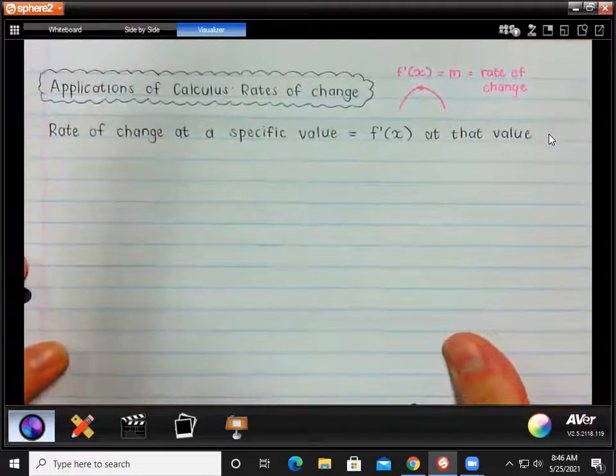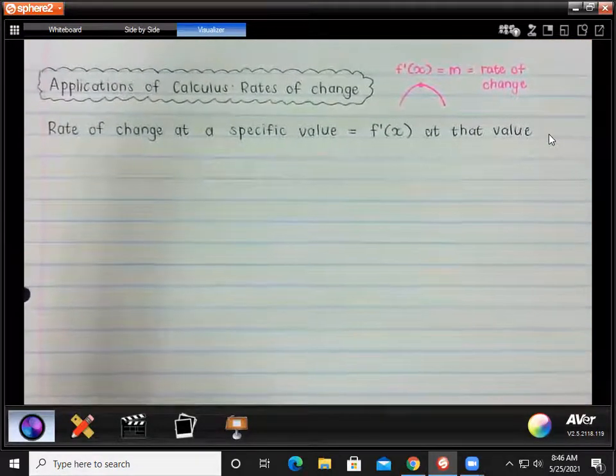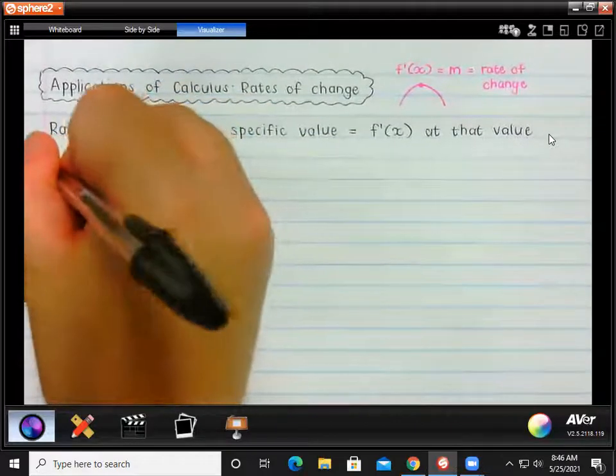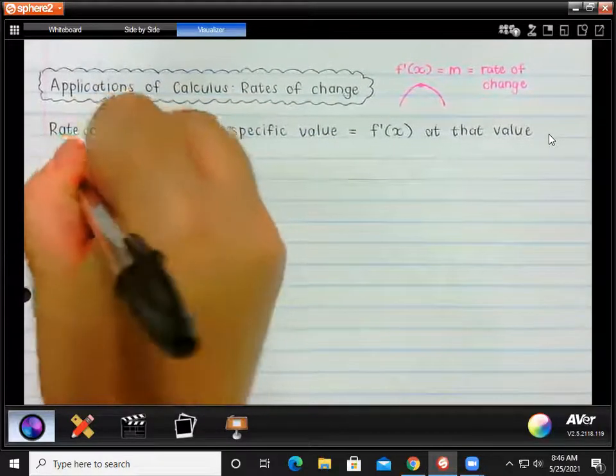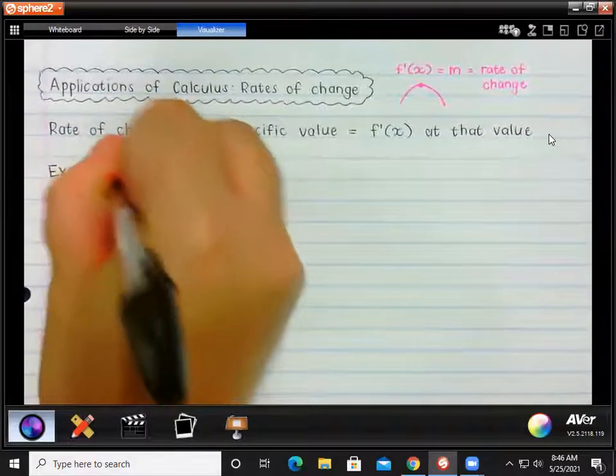Okay, that might still sound a bit fuzzy, but you'll see now when we do the examples. So I think let's just jump straight into those so that you can see how they ask these questions.